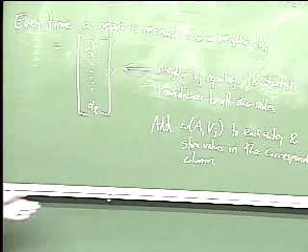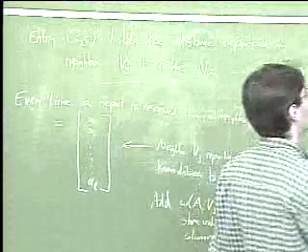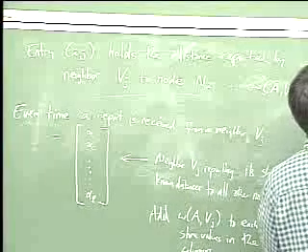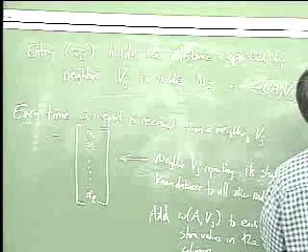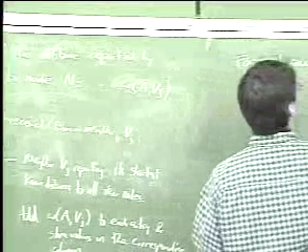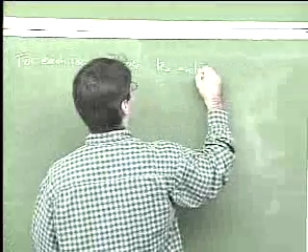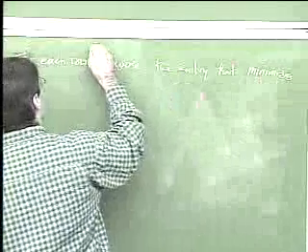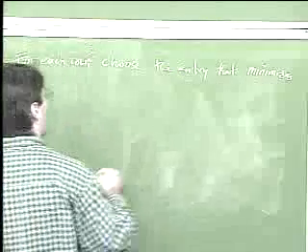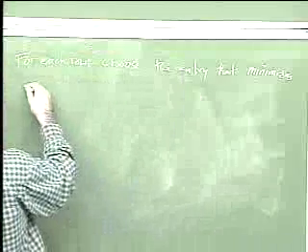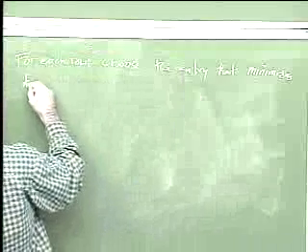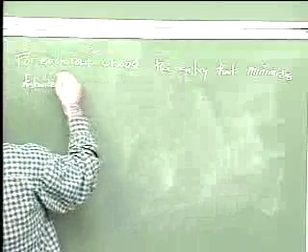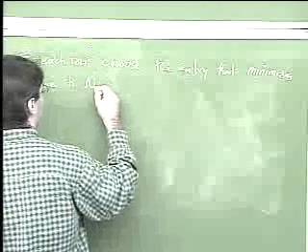Okay, and then for each row, choose the entry that minimizes the distance to n sub i.